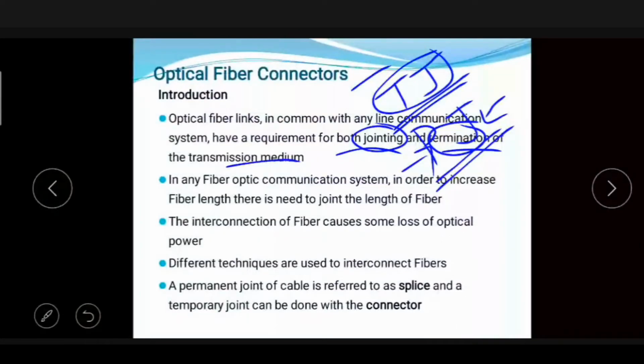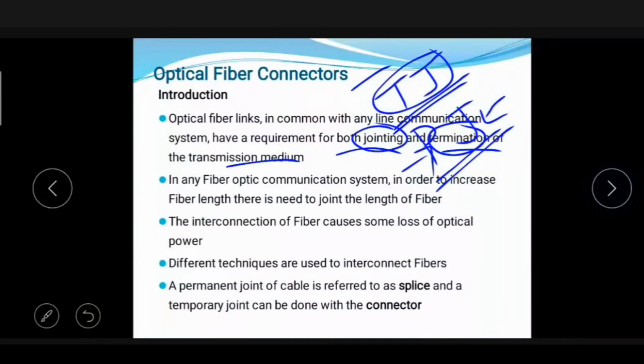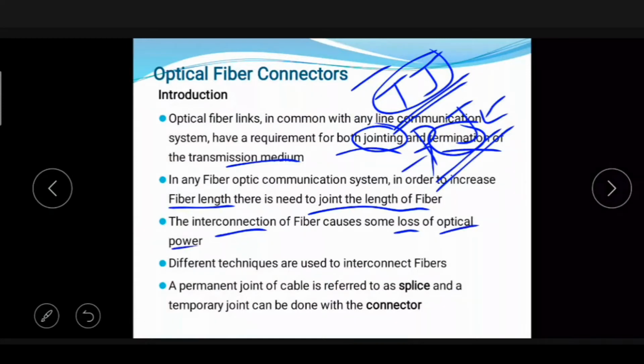In an optical fiber communication system, in order to increase fiber length, there is a need to join lengths of fiber. Obviously, to increase the length, we are supposed to join n number of fibers. Then the interconnection of fibers causes some loss of optical power. This is a known fact.